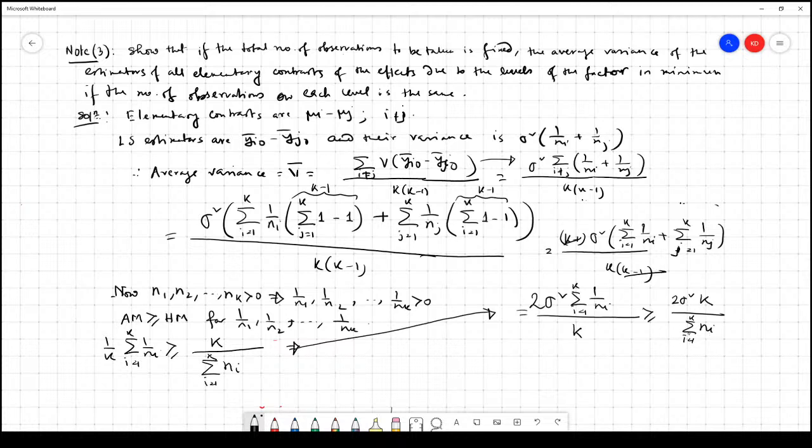So this gives you summation ni in. And I take, if n is divisible by k, I assume that n is divisible by k.